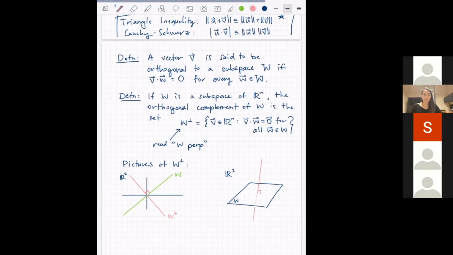So it'll be this line right here. Does that make sense, what I'm trying to draw?